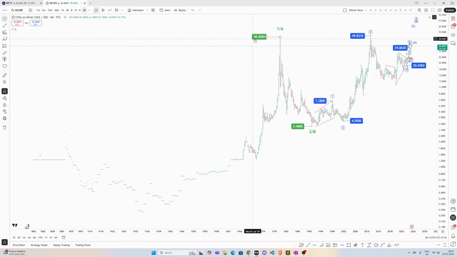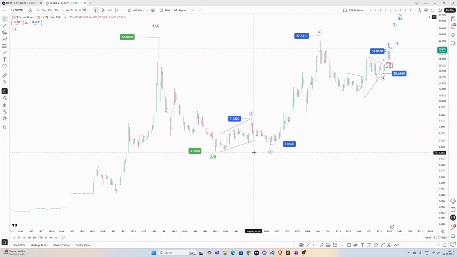That was at $48, and then we saw a significant drop in wave 2 or wave B, which took the price to $3.4 in 1991.